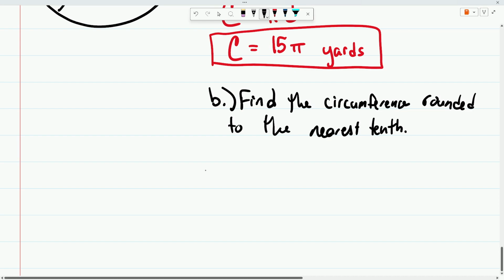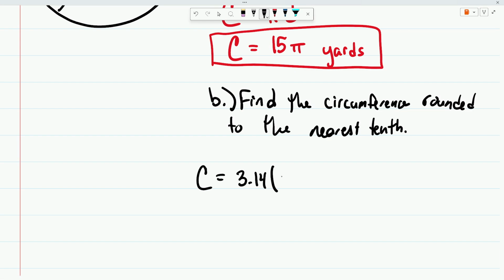This is where you're going to use 3.14 for pi. All right? So this is where you actually have to use 3.14. And whenever we take 15 and multiply it by 3.14, we get 47.1 yards.